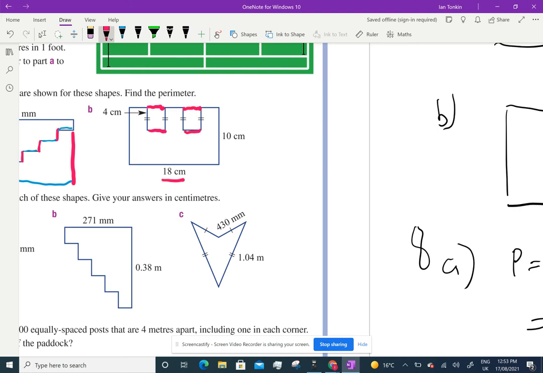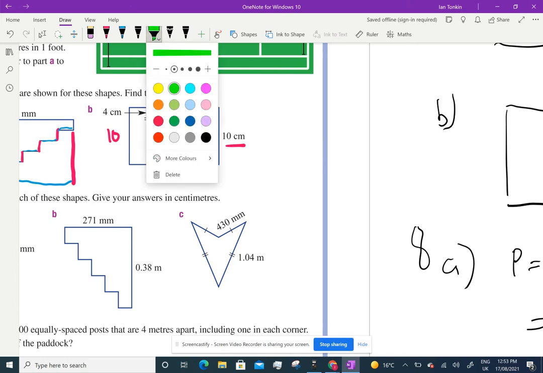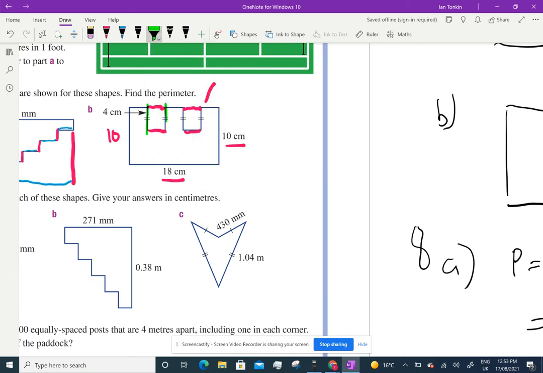So I'm going to have 18 and 18 up here, 10 there and 10 over here, but I can't forget these 4 extra vertical bits, which are all 4. I can't forget those. So when I push these horizontal bits up to there, that's okay, but I can't forget these 4 vertical bits.